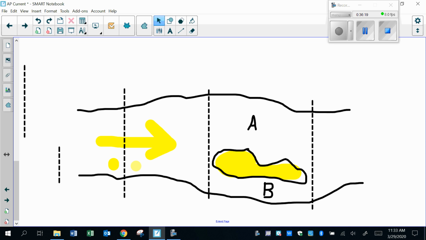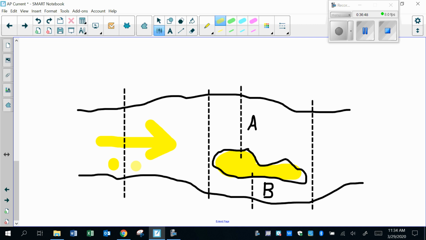What happens though when the water splits and goes around our island? I'm going to have some flow rate, some gallons per second. So instead of coulombs per second, it's gallons per second. Instead of the amount of charge, it's the amount of water. So route A has a particular amount of gallons per second, and route B has some gallons per second. If I do A plus B, that represents the total flow of the river here, here, and here.